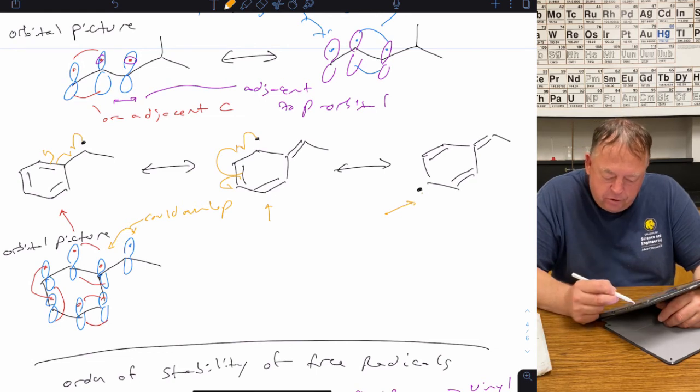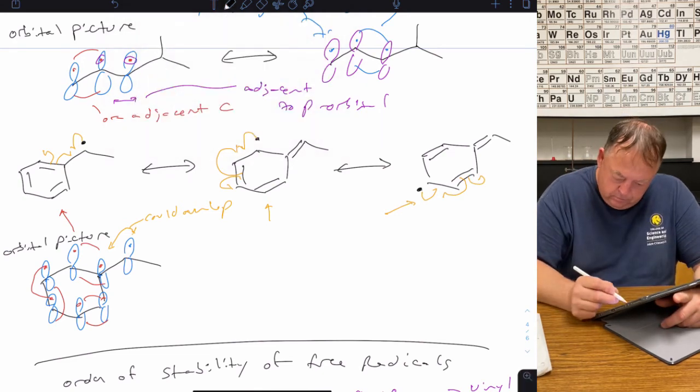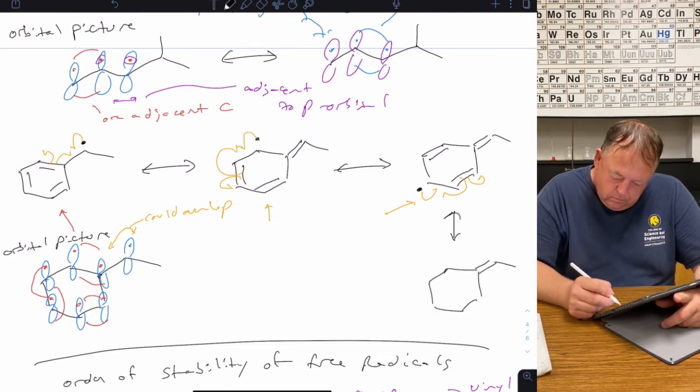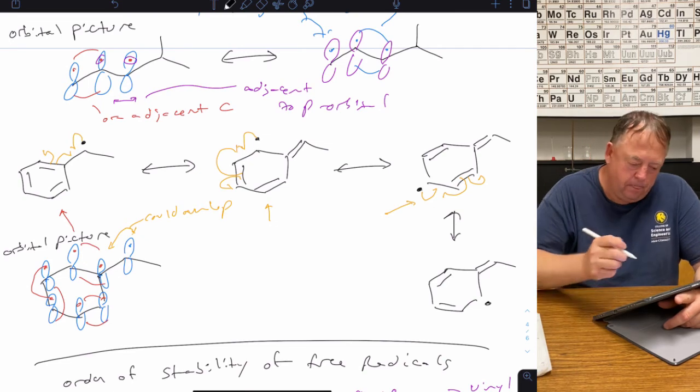Now we're going to move it through the third double bond. So bring that down, bring one of these over, and move one of these up. Okay, so that double bond is still there. Now there's a double bond there, and now the unpaired electron is there.